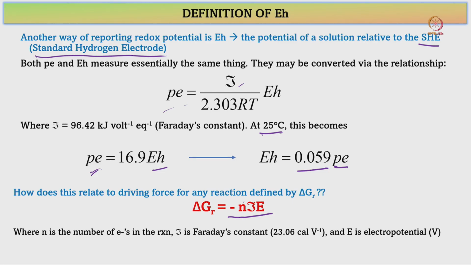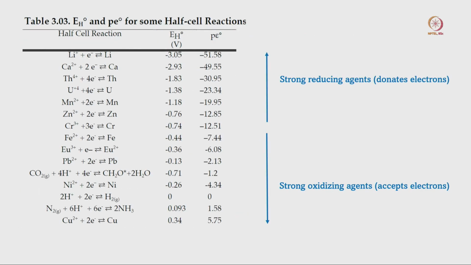So, minus nFE. Here the important part is the number of electrons exchanged in that reaction. Faraday constant is a constant term and electropotential you are going to measure. So, when we are in an aquatic system, who is going to get oxidized, who is going to get reduced, depends on all these EH values and PE values, on its electropotential and the PE of the system.